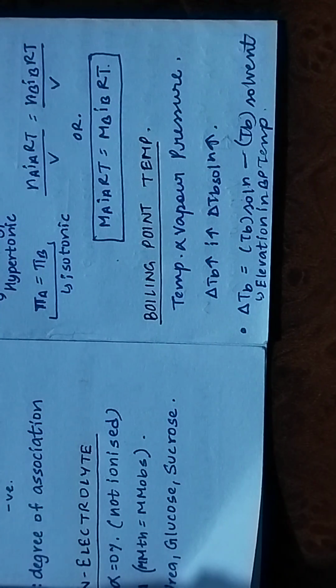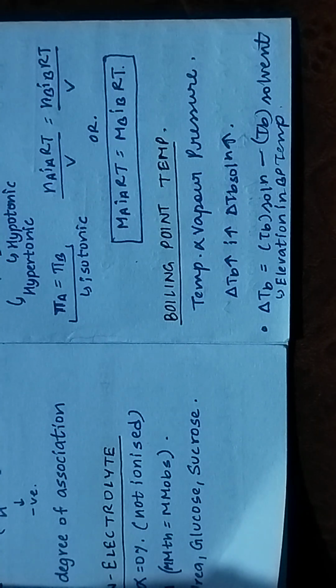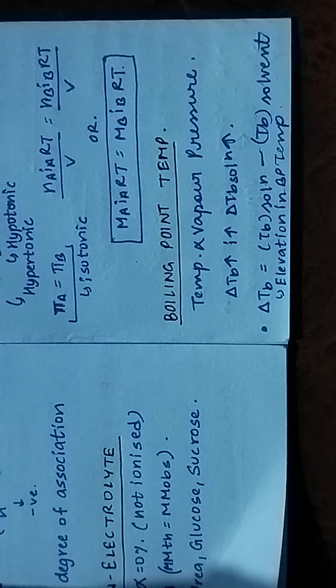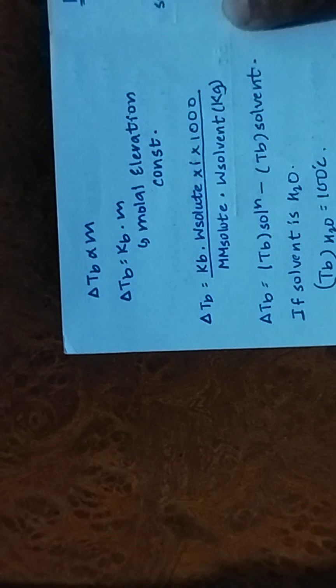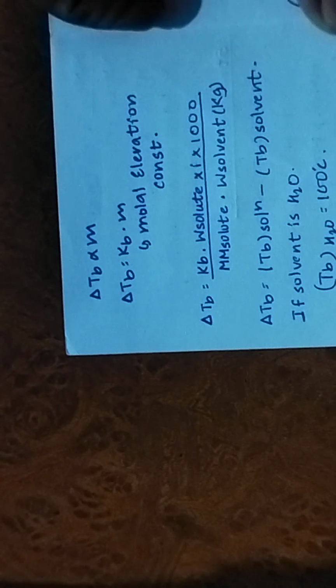Boiling point: when the temperature increases, vapor pressure increases. If delta Tb increases, i increases, delta P of the solution increases. Delta Tb is basically the elevation in boiling point. Now let's talk about delta Tb, that's directly proportional to m.